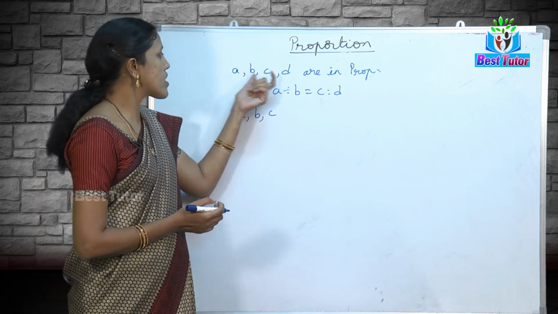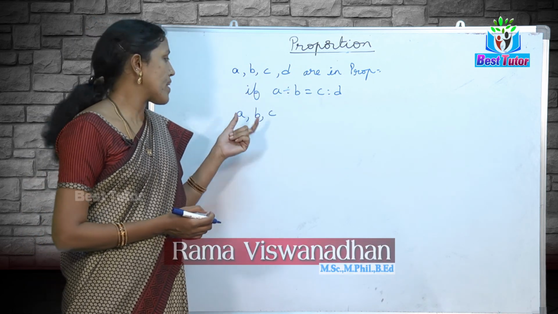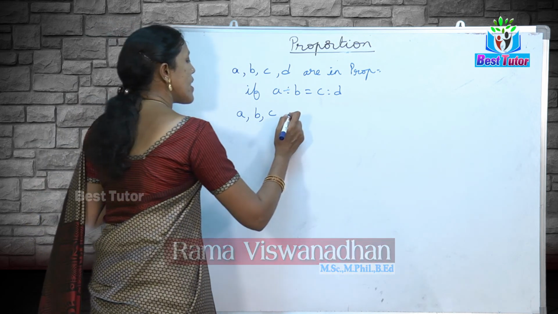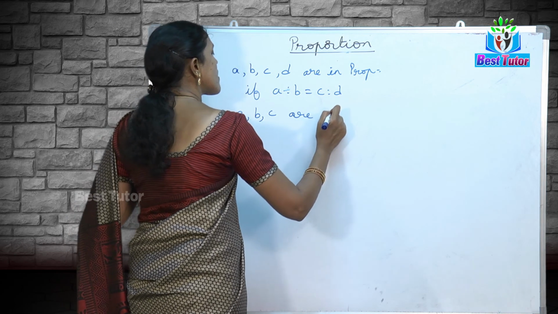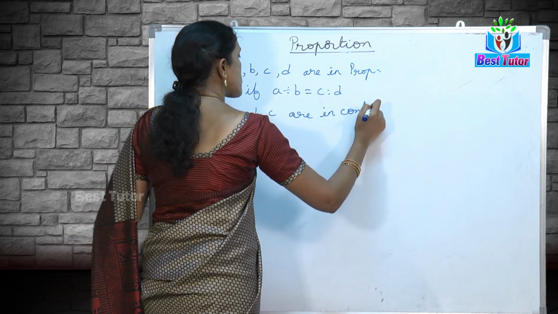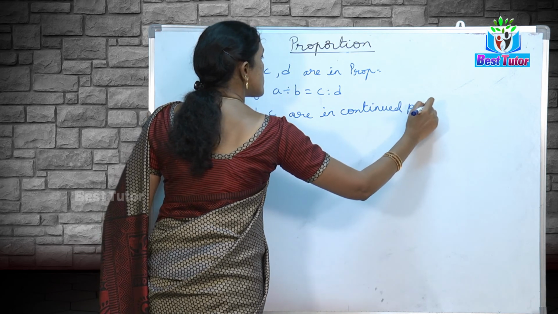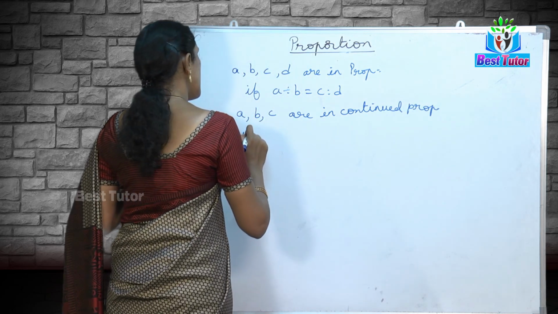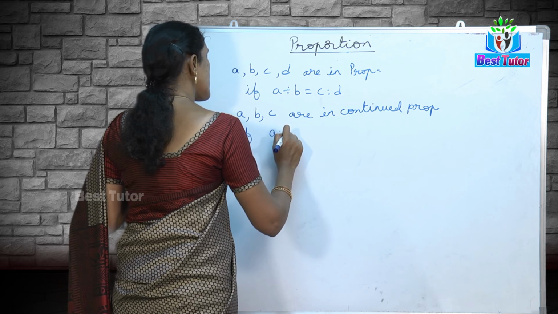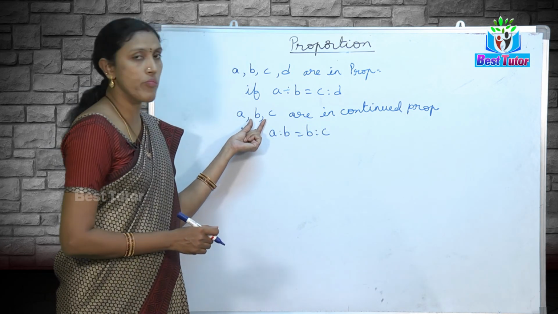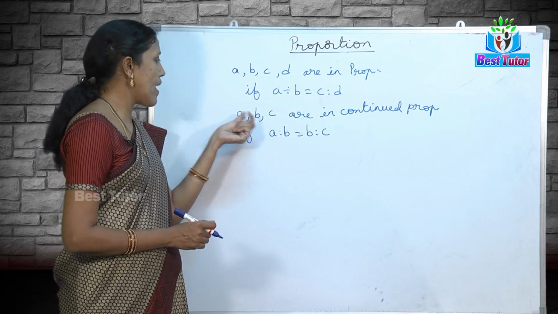For 4 terms in proportion, this is clear, but I have given 3 terms and said they are in continuous proportion. What does it mean? A, B, C are in continuous proportion or continued proportion if A is to B is equal to B is to C. If we observe, the middle term is being shared with A as well as C.